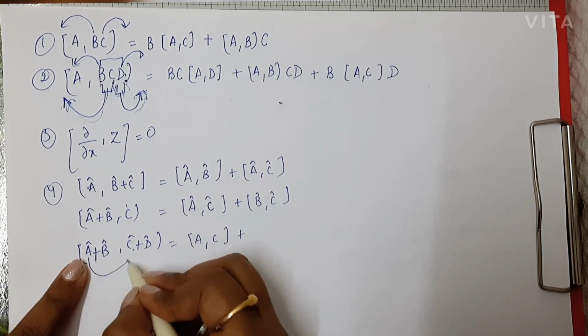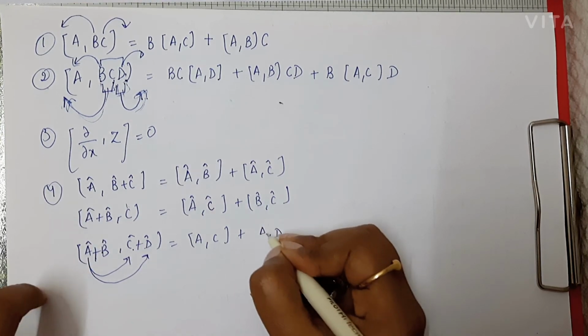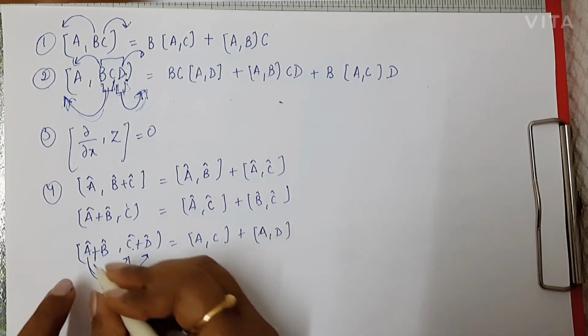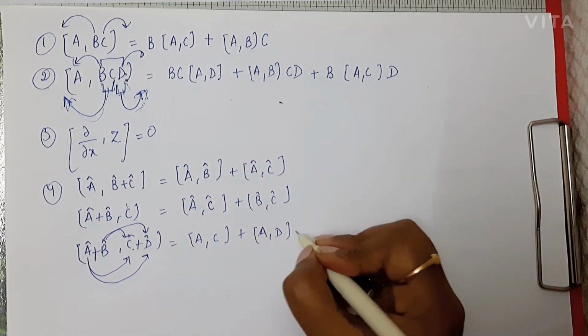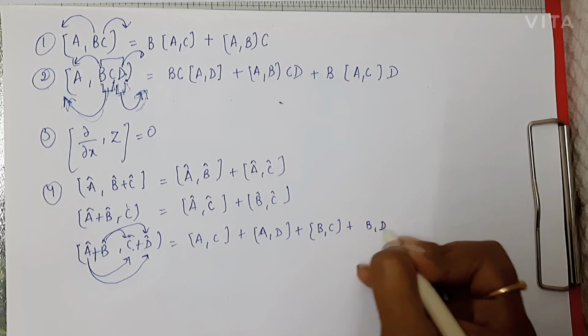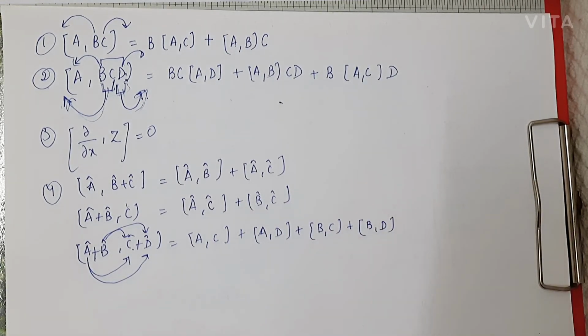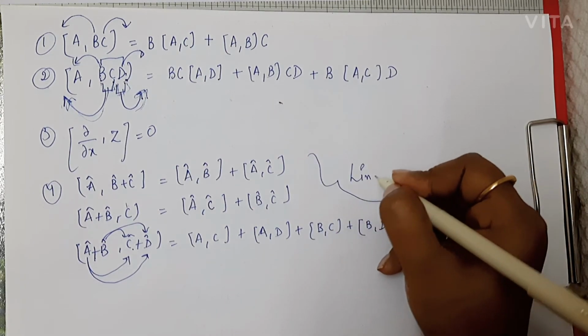What I'm doing is first this with this and then this with this, a d. Now a is done. Now b with c and b with d, so it will be b with c and b with d. So these three are the properties of linearity.